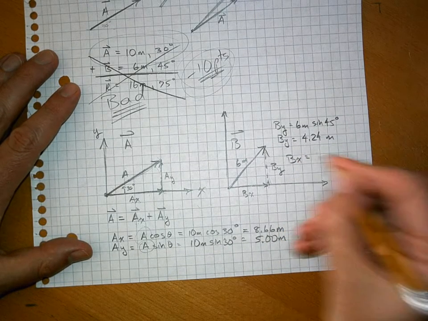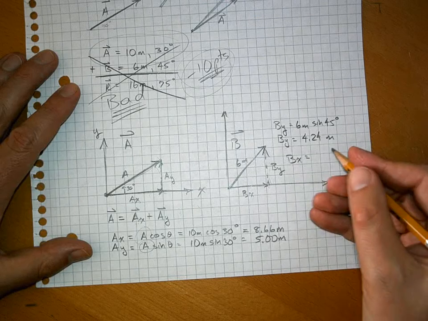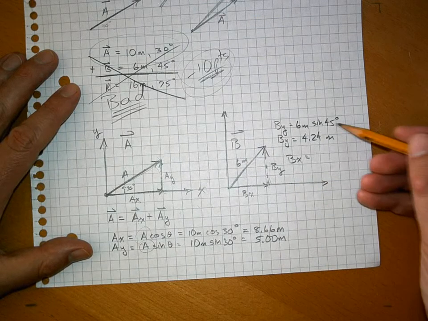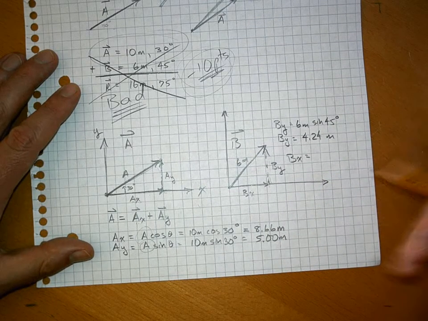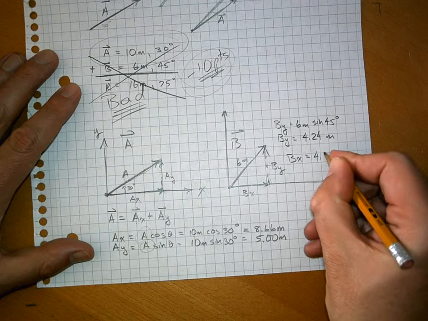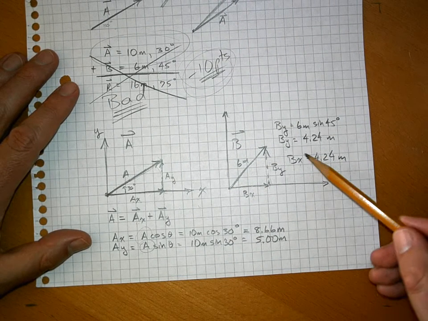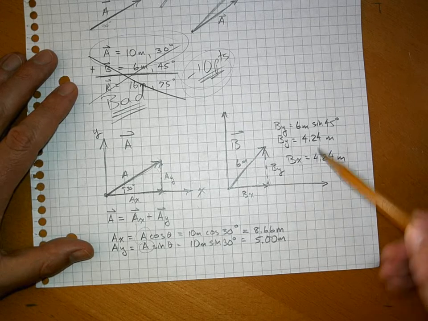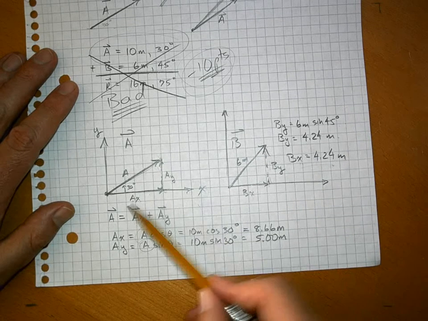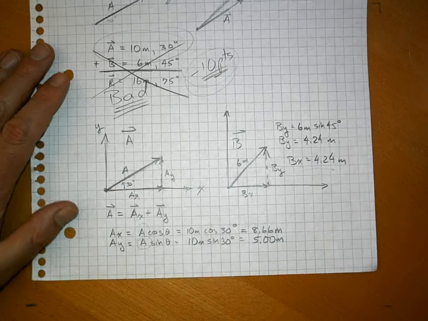B_x is equal to 6 meters times the cosine of 45 degrees. Of course, that's the same as the sine of 45 degrees, so you get 4.24 meters. So we have the x and y components of B, and I've got the x and y components of vector A right here.